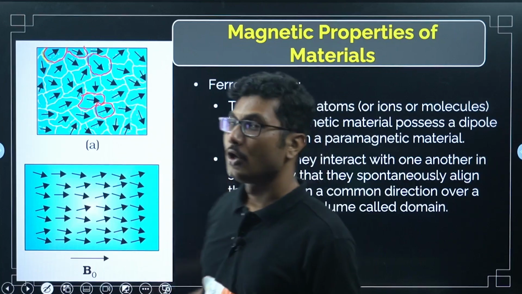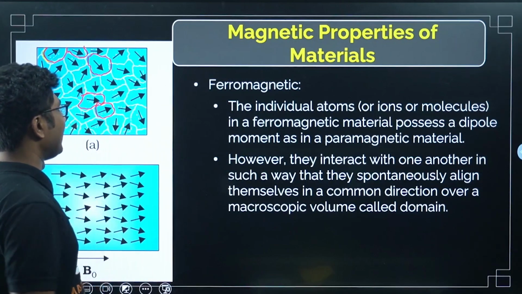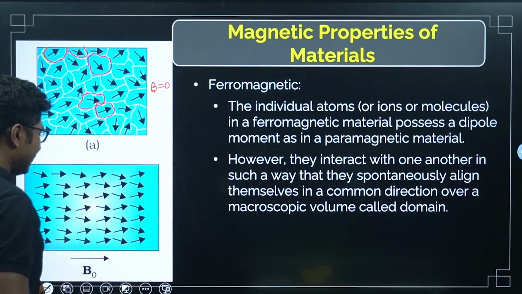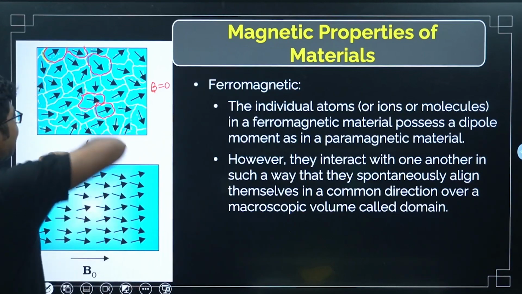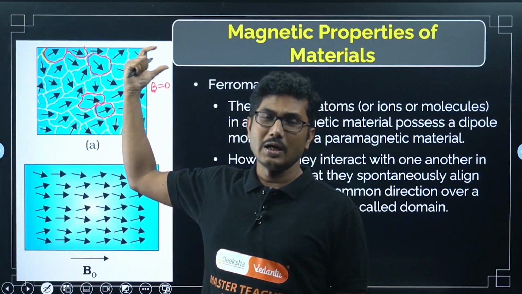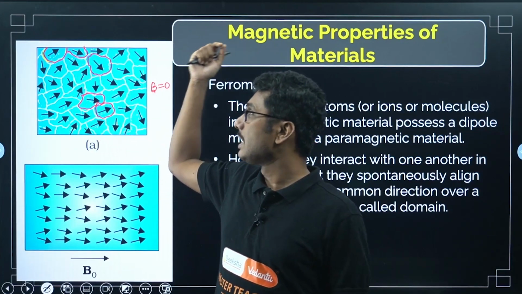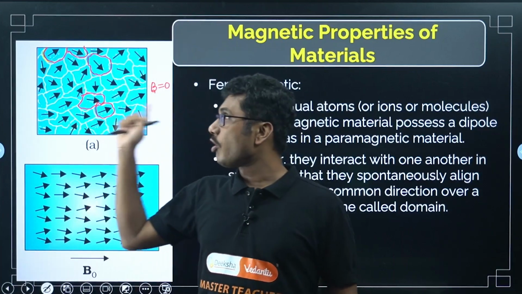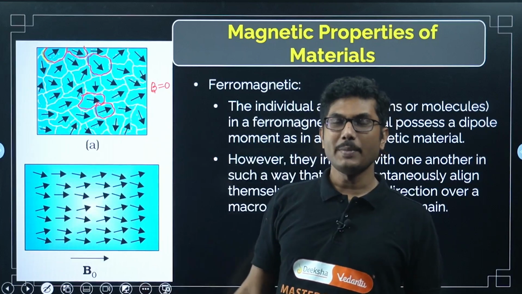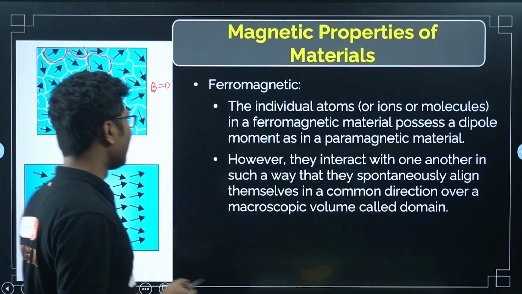This is when no external field is applied. In this case, B applied is 0. Now in that case, they are randomly oriented. Even though they have individual magnetic moments, the net magnetic moment of all these domains is 0. When you add all of them up, you will generally get 0 magnetic moment.